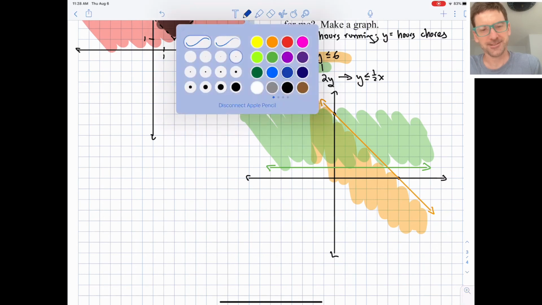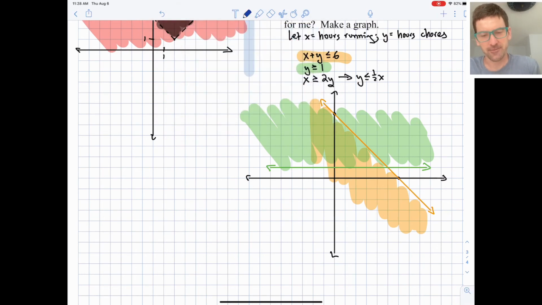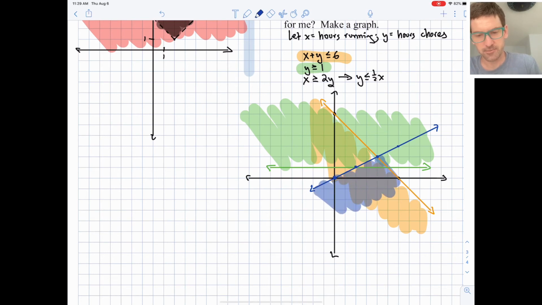So that has an intercept of 0 and a slope of 1/2. Okay, and we can draw that line in there. And we want y to be less than or equal to that, so we're going to shade this region down in here.